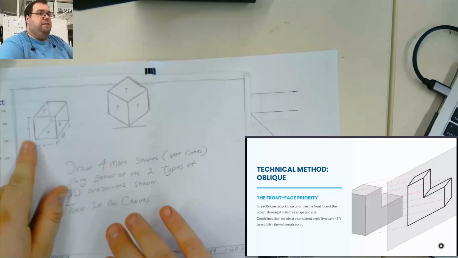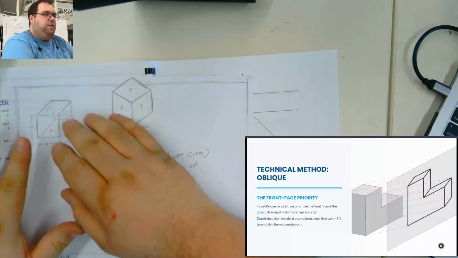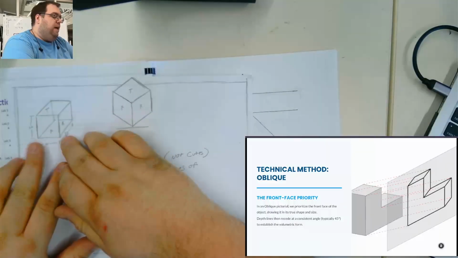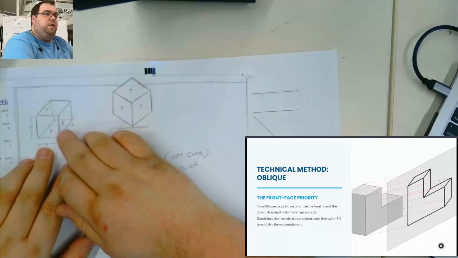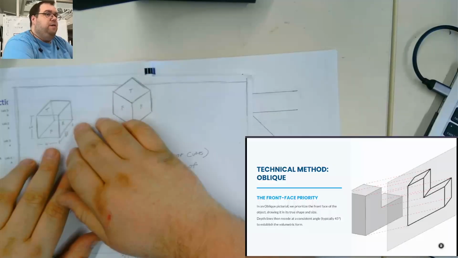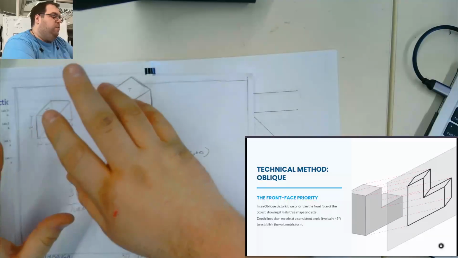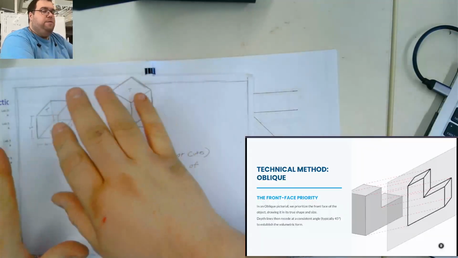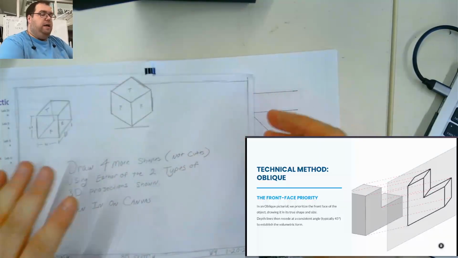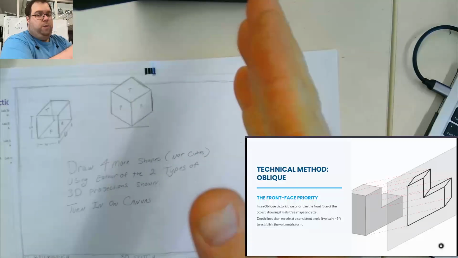We did objective, which means that if this was drawn accurately with tools and a ruler, theoretically this line here that is labeled as W and this line here that is labeled as D should be the same length. And they disappear at the same angle, and they don't get smaller as they go away. That's an objective drawing. A perspective drawing gets smaller as it recedes into the distance away from you.